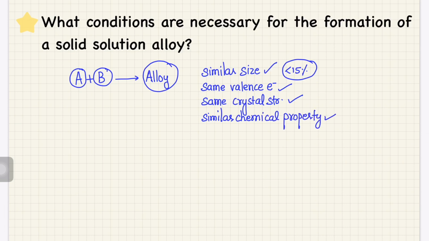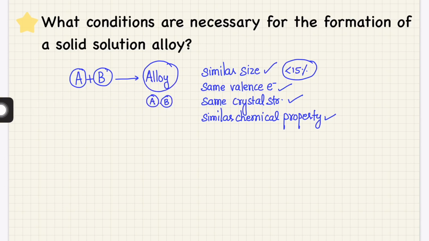When A and B form an alloy, that is a solid solution, there will be a bond between the atom of A and the atom of B. This bond is a metallic bond, and it is similar to the bond between the atoms of a non-metal or metal in a covalent molecule.